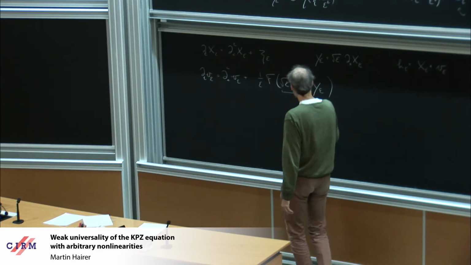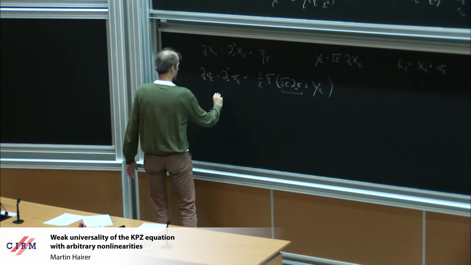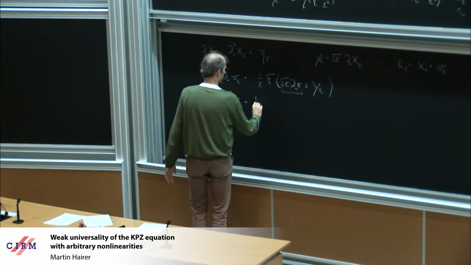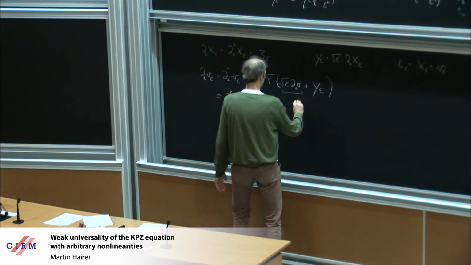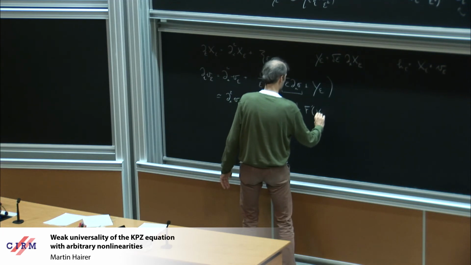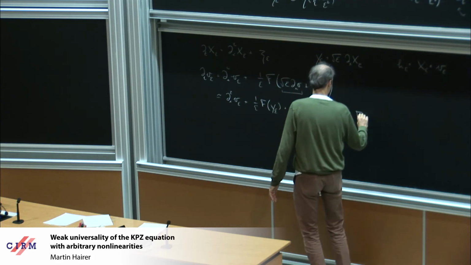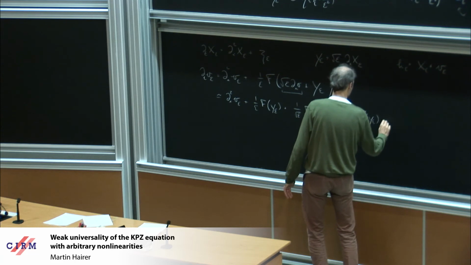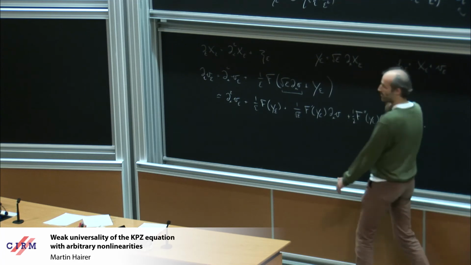And so then you can Taylor expand this. You can write this as 1 over epsilon f of y epsilon plus 1 over root epsilon f prime of y epsilon times dxv plus 1/2 f second of y epsilon times dxv square, and then plus something small.